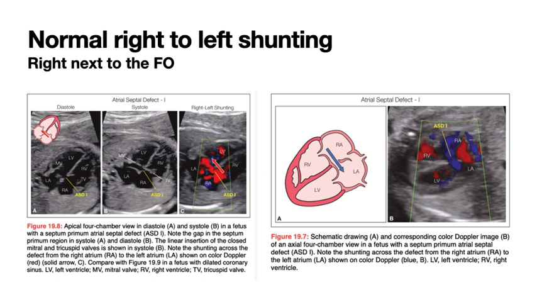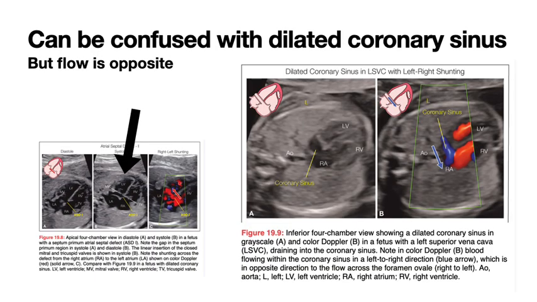So over in the next picture, you can see another example of right to left shunting. Now look back at the one on the left, in the middle. That's in the next slide. And what that shows you is that this can be confused with a dilated coronary sinus, particularly that one in the middle there.